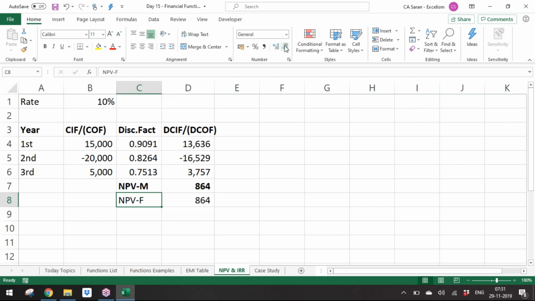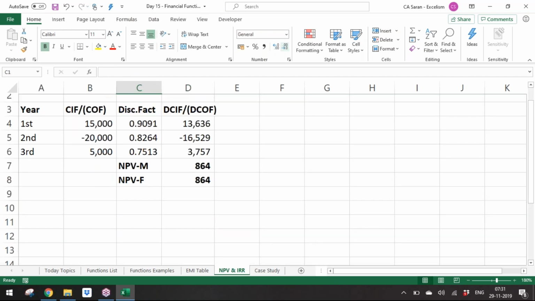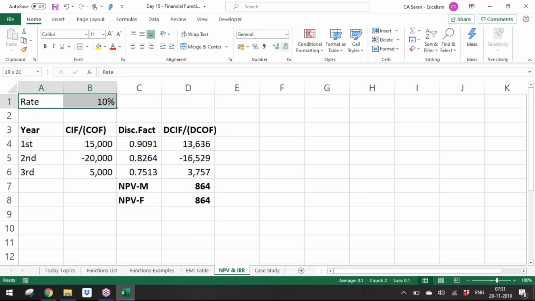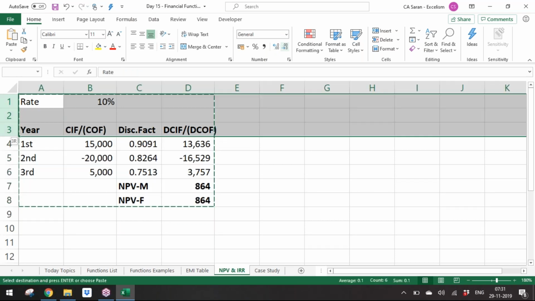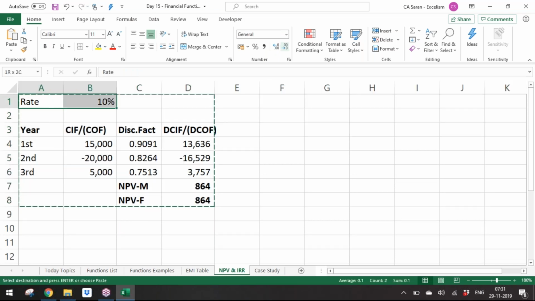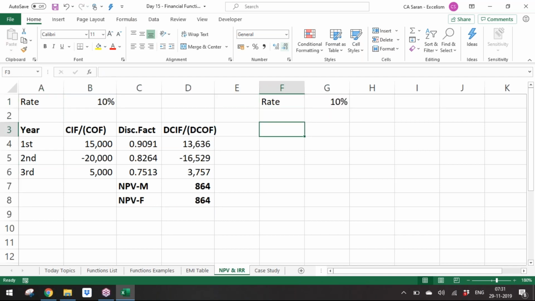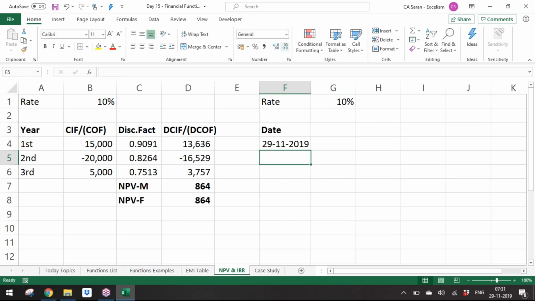Now let us look into a situation where inconsistent periods are there. Now I'll take the same thing. Let's take this one, rate is same. Now let's say dates are there. Inconsistent periods. Let's say today there's a payment.